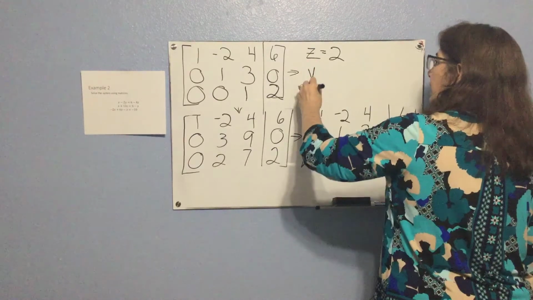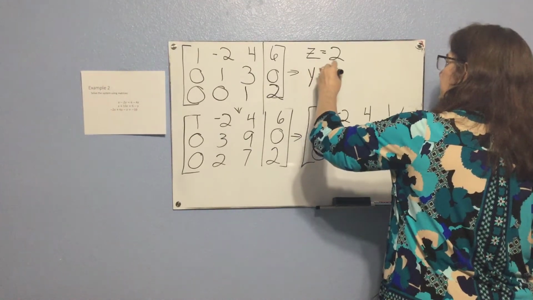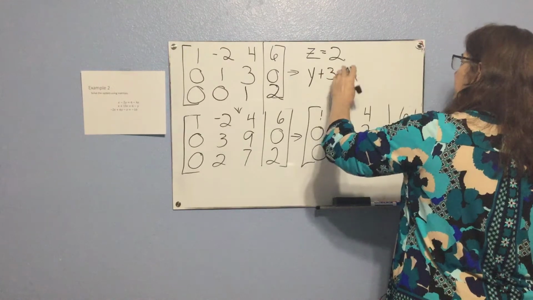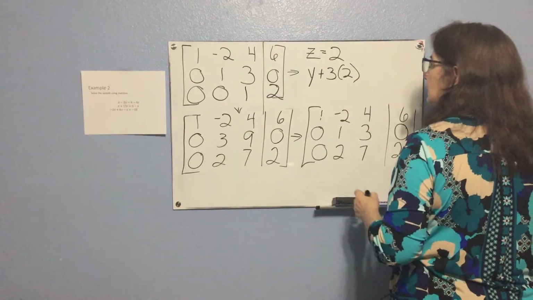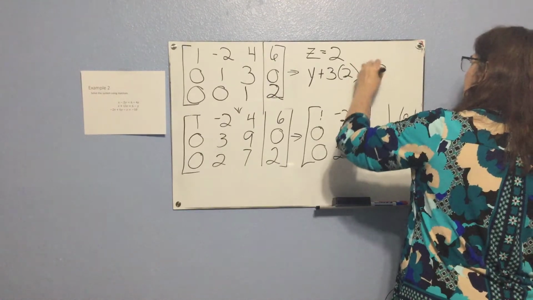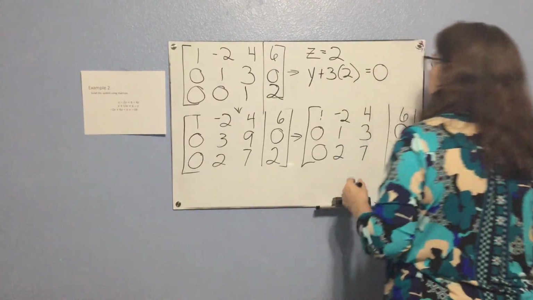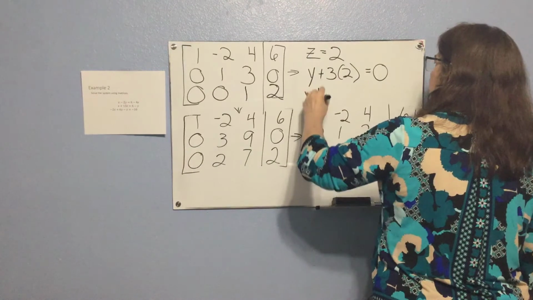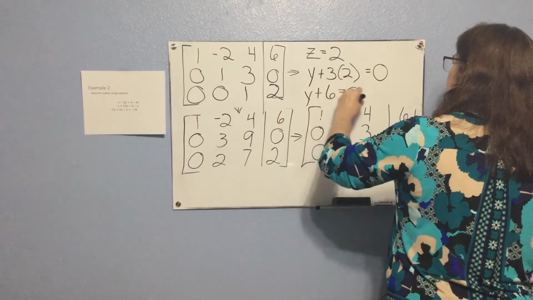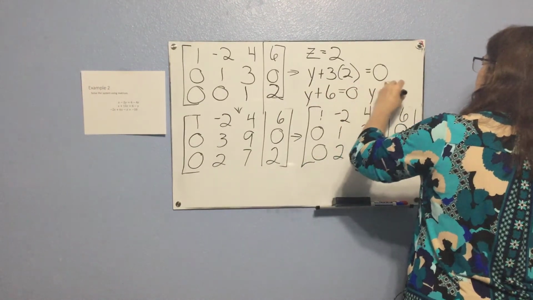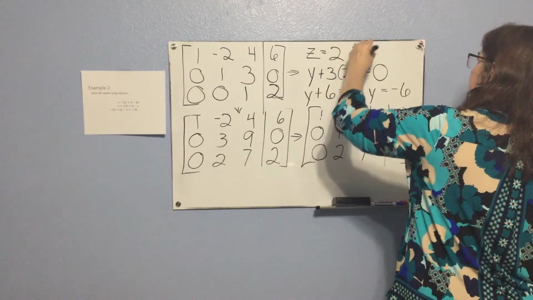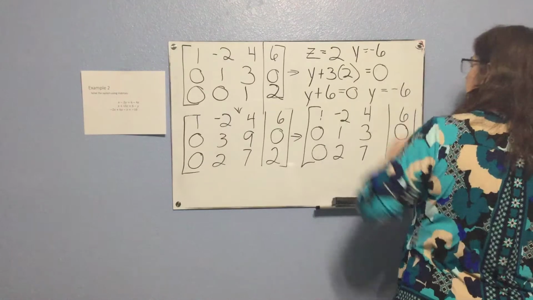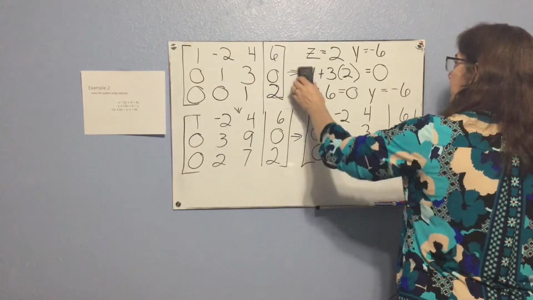I have 1y plus 3z, but I know that z is equal to 2, so let's just put a 2 there, equals 0. So this is y plus 6 equals 0, so y must be negative 6. I'm going to write that up here. And then erase this.